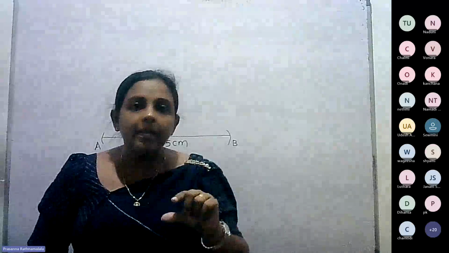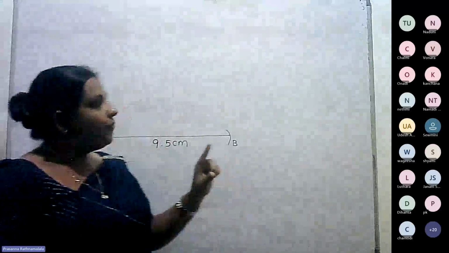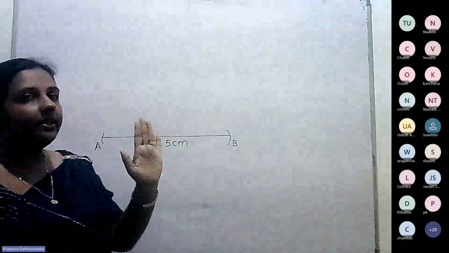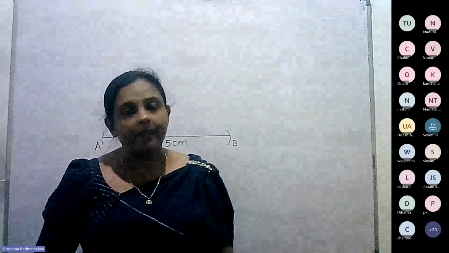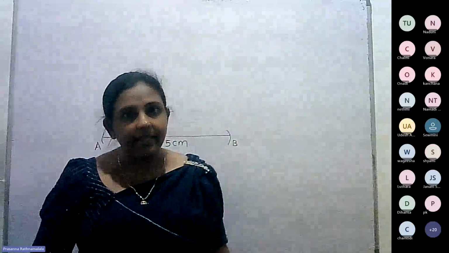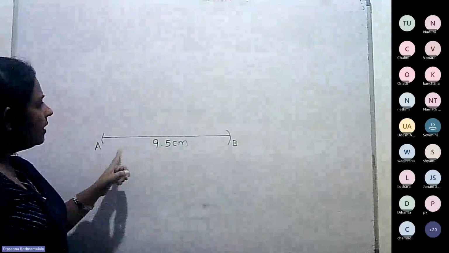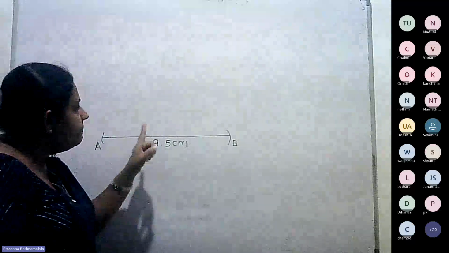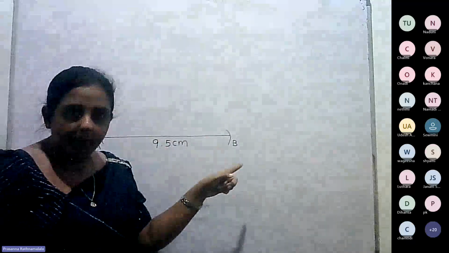To find the center, anyhow, you find the center of this straight line. To draw the semicircle, you find the center there. And the center is the midpoint of that AB.